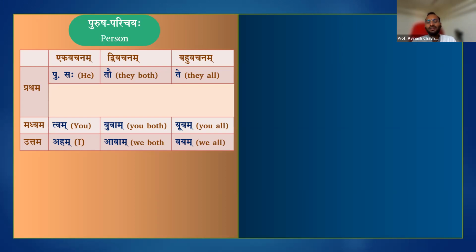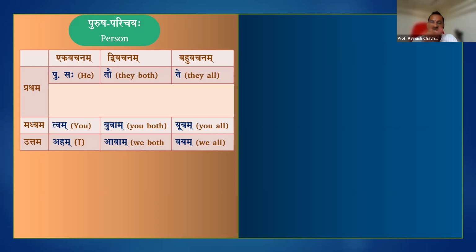So Tvam is common for all genders. In the similar manner, aham, avam, vayam are also common for all genders. Aham balakaha asmi. And if I am a girl, I will say aham balika asmi. Aham is common in all genders.